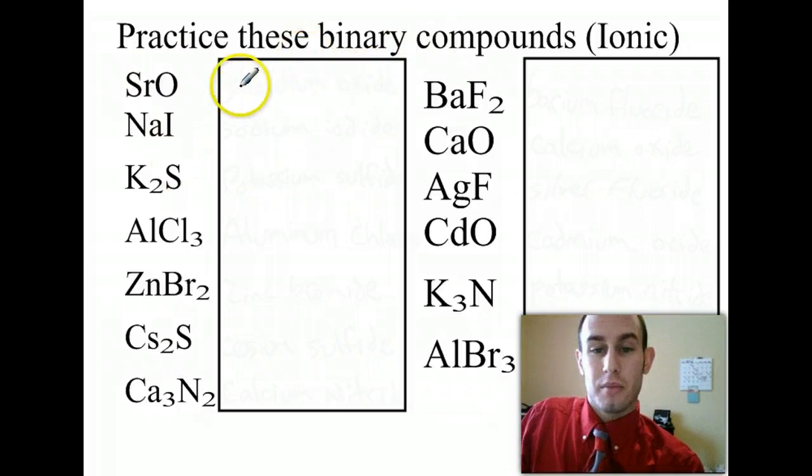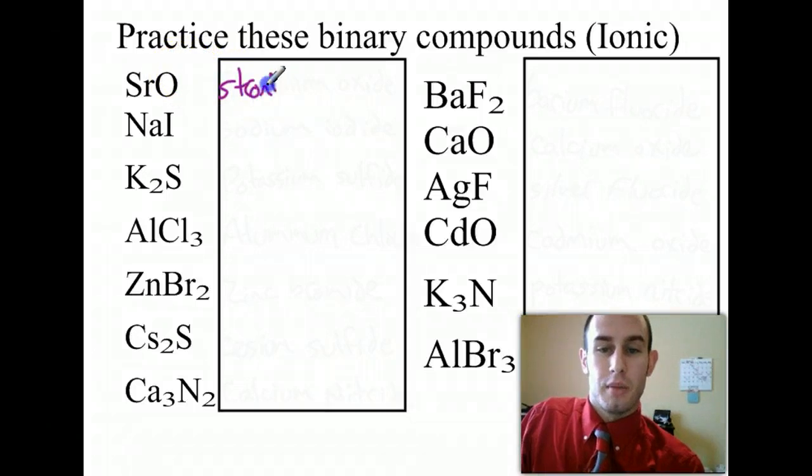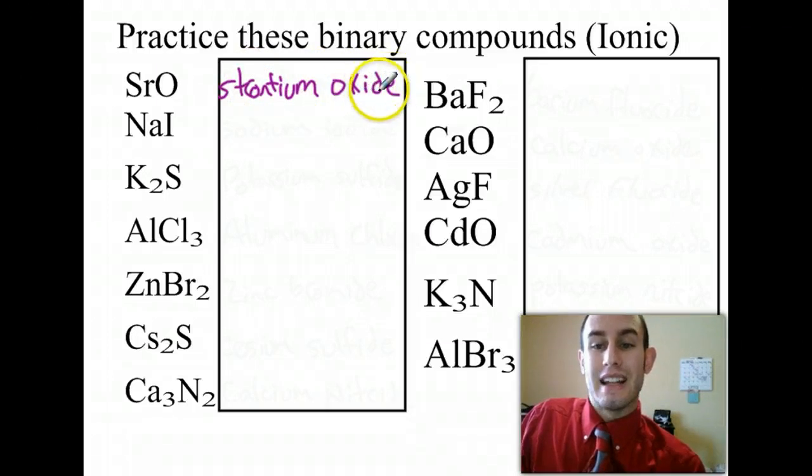I know strontium is going to be a +2, oxygen is a -2, so it's a balanced compound. And I'm just going to write strontium because that's the cation. You do not change the cation, it always goes first. And then oxide, because I drop the oxygen's ending and it becomes IDE, oxide.